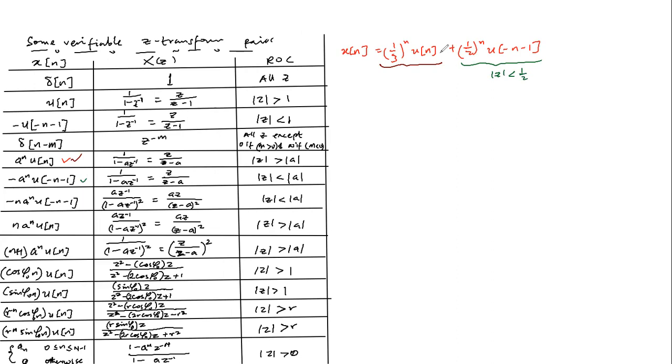And here, mod z is greater than 1 over 3. So let's go further into relating both, recall, okay? And once we relate both, then we are fine.